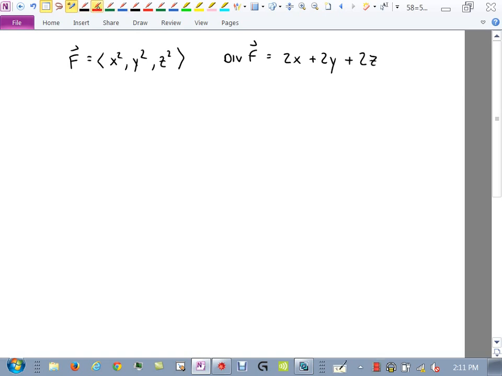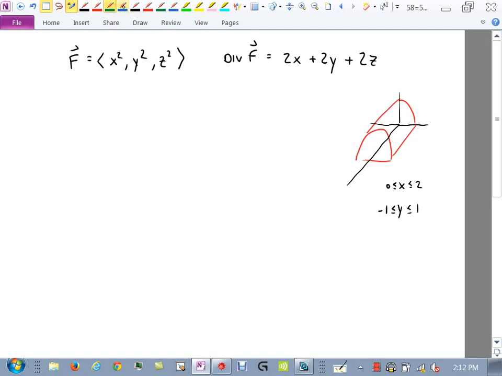And that solid that I have comes out the x-axis, right? X is between 0 and 2. Y is between -1 and 1. We all agree with that.